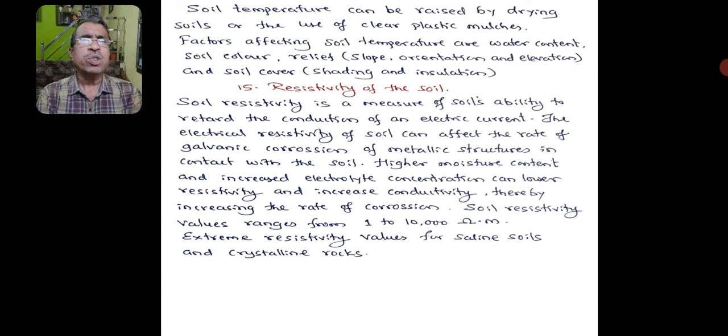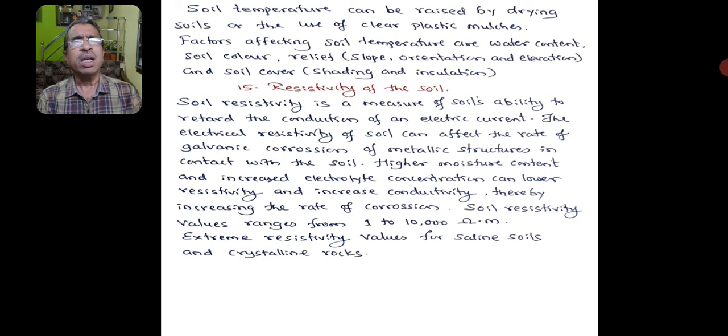Factors affecting soil temperature are water content, soil color, relief, that is slope, orientation and elevation, and soil cover, that is shading and insulation. So these are the factors that affect the soil temperature.